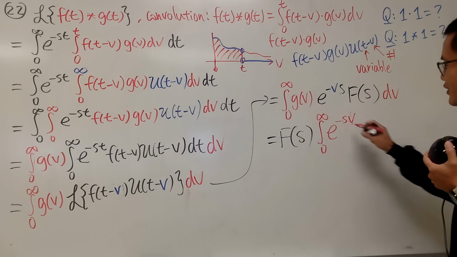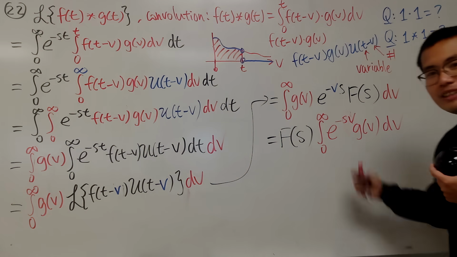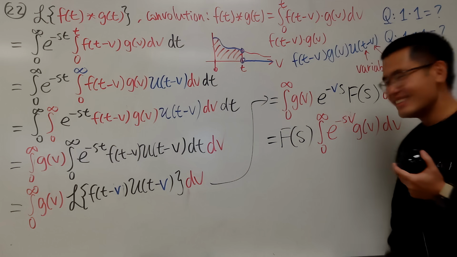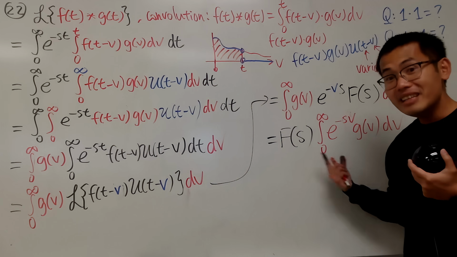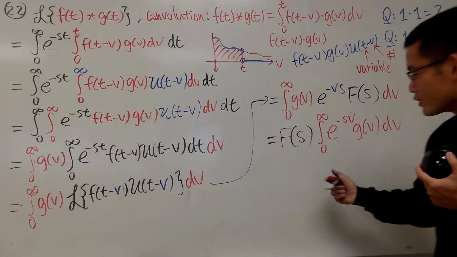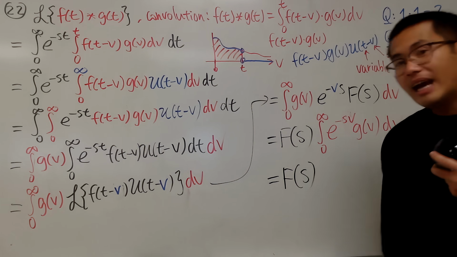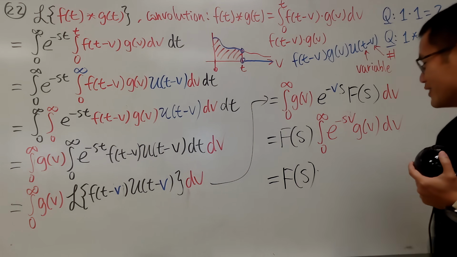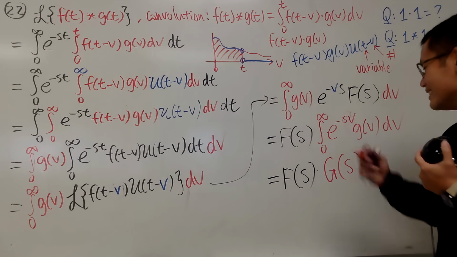And then write down g of v, and then we have dv. And do we recognize what this is? The variable matches, and it goes from 0 to infinity. This right here is precisely the Laplace transform of the g function. So finally, we can just write down F of s and regular multiplication of capital G of s, like this.